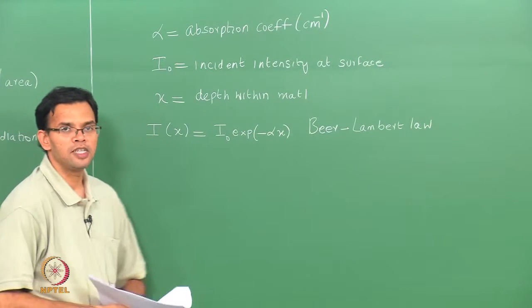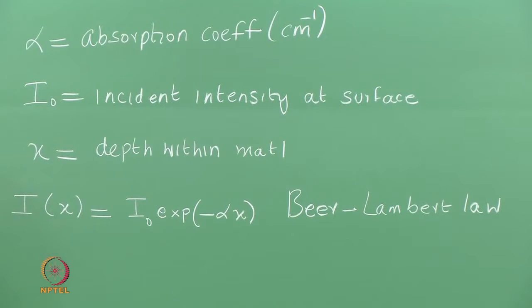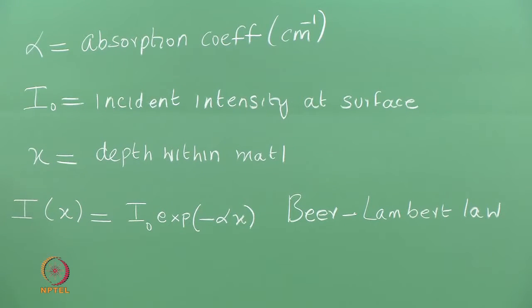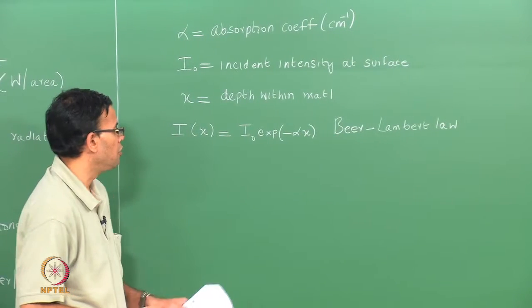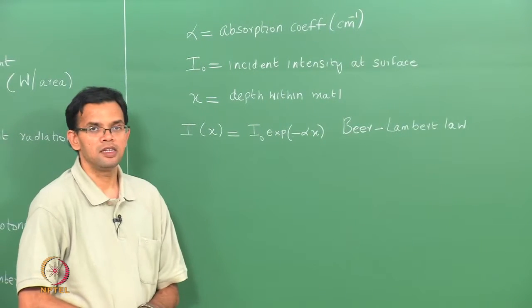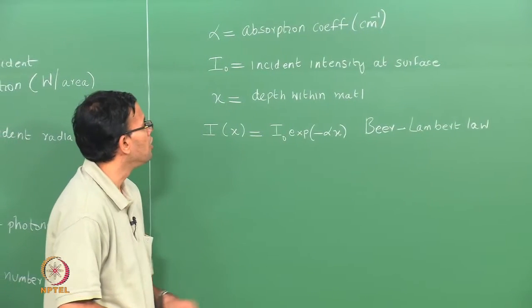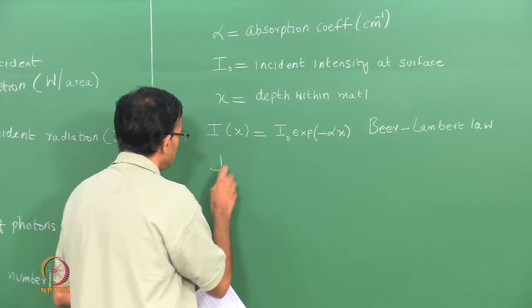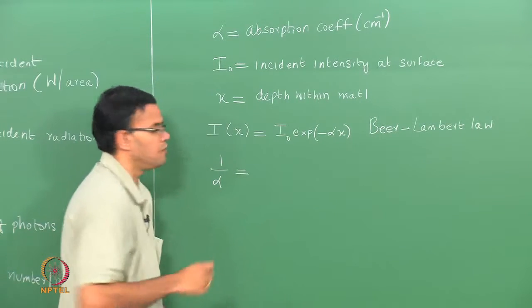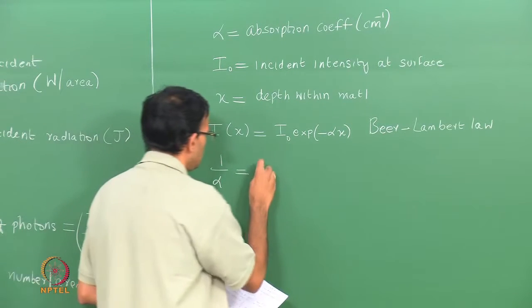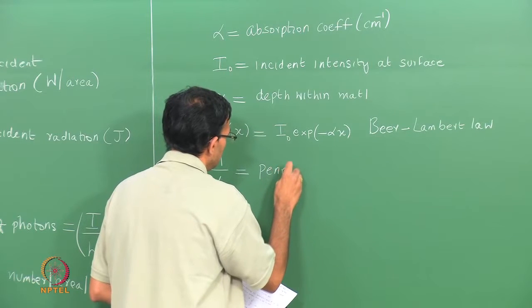So, this is true whether you have incident infrared radiation or visible light or UV or X-rays. In all of those cases, you are going to find that the intensity goes down exponentially as you go within your sample. 1 over alpha, which has the units of length, is called the penetration depth.